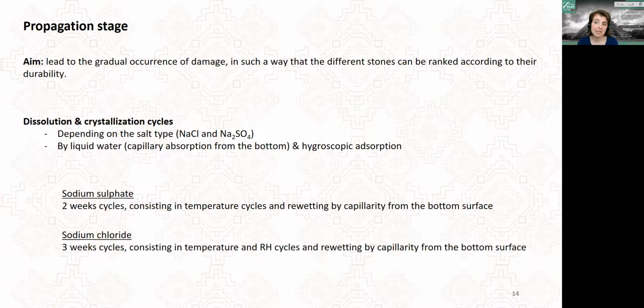If you just place the specimen in a high relative humidity environment, the salts which are present in the outer layer of the specimen will dissolve. And then when you lower the relative humidity again, the salts will crystallize. So you don't need to re-wet completely the specimen, and you can speed up the process. You can produce several relative humidity cycles and several dissolution crystallization cycles in a short time.